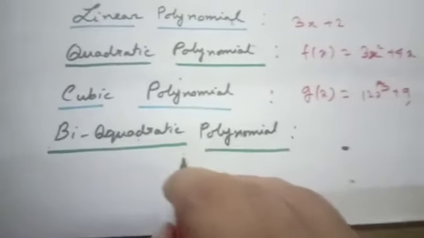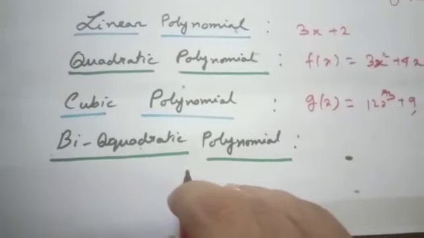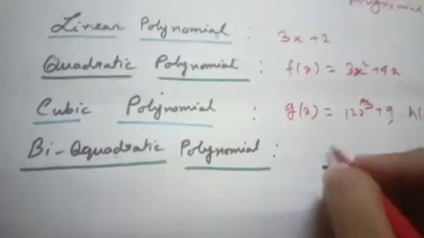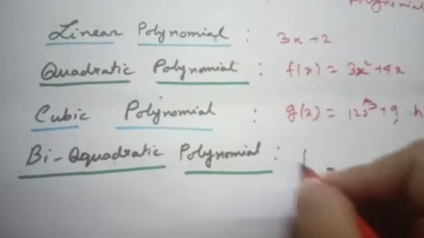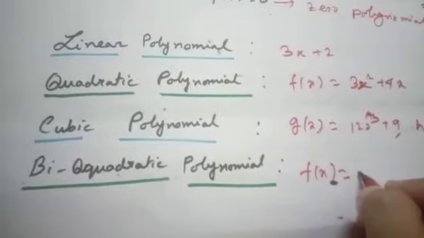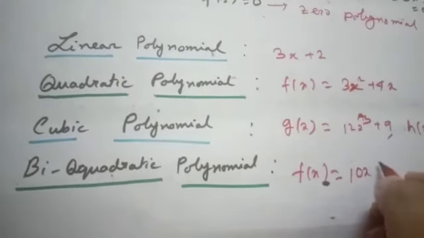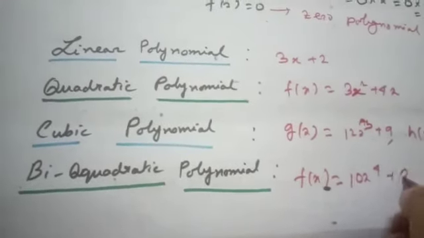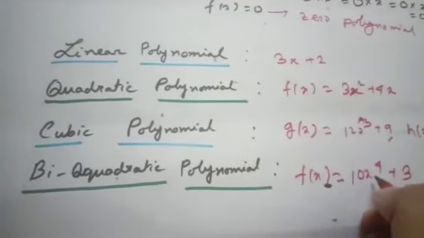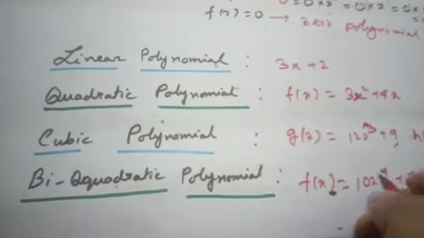And biquadratic polynomial. Biquadratic means the degree of the polynomial is 4. Example, f(x) equals 10x to the power 4 plus 3. Here the degree is 4, so it is a biquadratic polynomial.